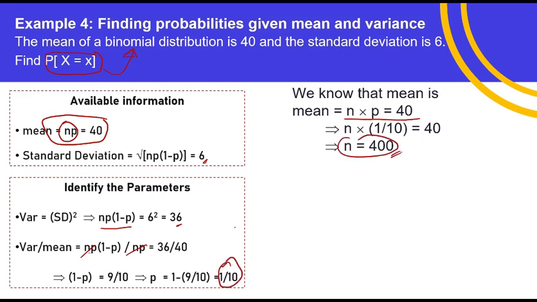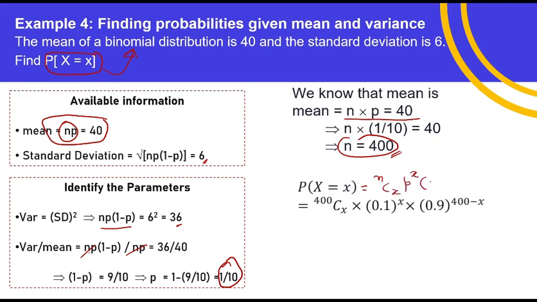Now we can find the probability of X equal to x. If you want to write the formula, this is nCx P to the power x and then 1 minus P to the power n minus x. So P is 0.1, 1 minus P is 0.9, and n is 400. So this is the density function.